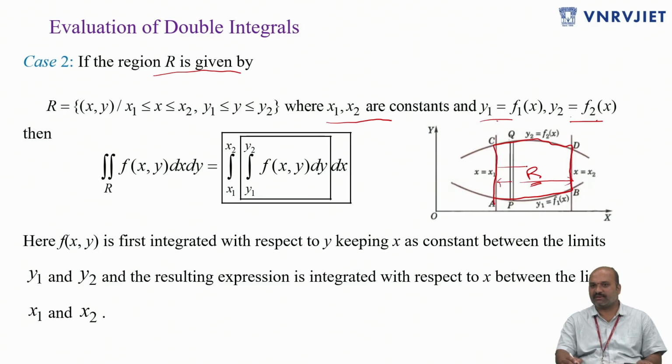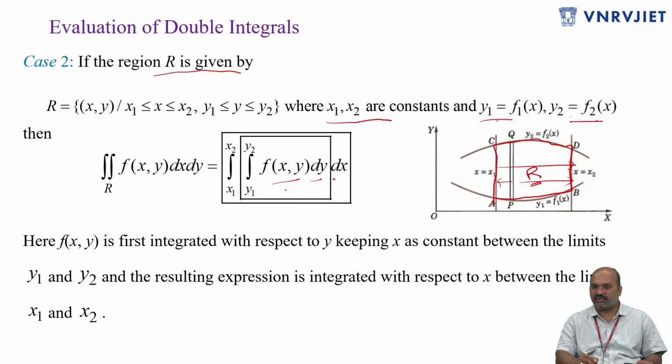From here to here, the strip has to move once. If it moves once, it covers the entire region. So those are the outer integral limits. That's why here, see, y1 to y2 f of x comma y dy, and the outer integral is x1 to x2 dx.